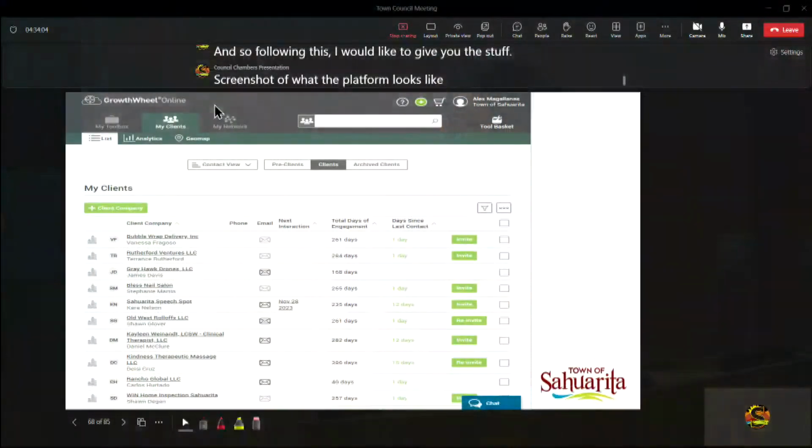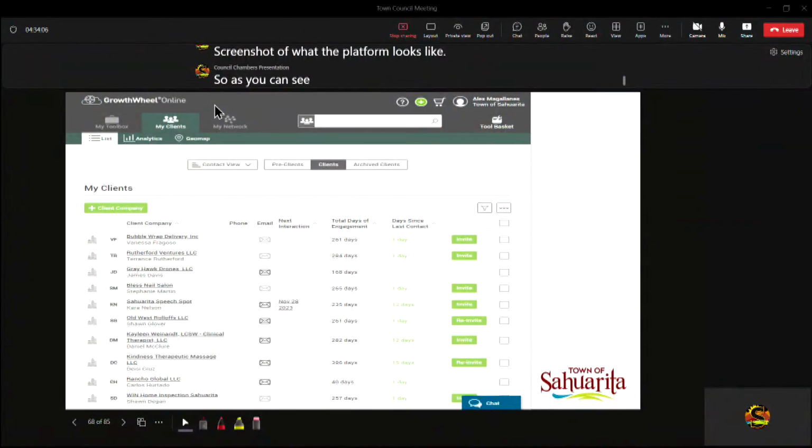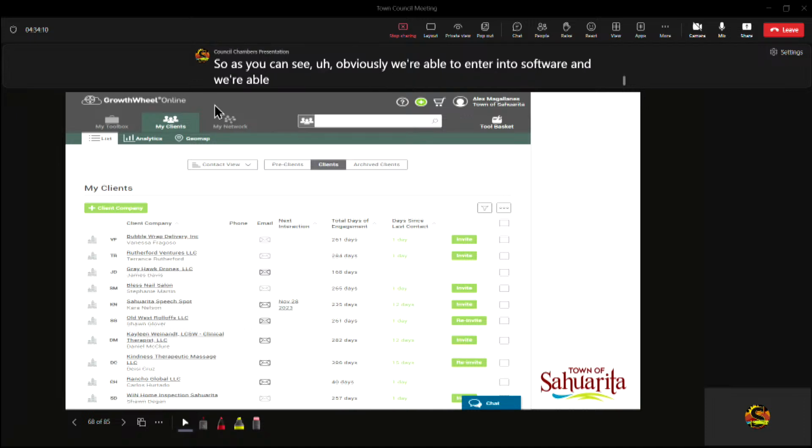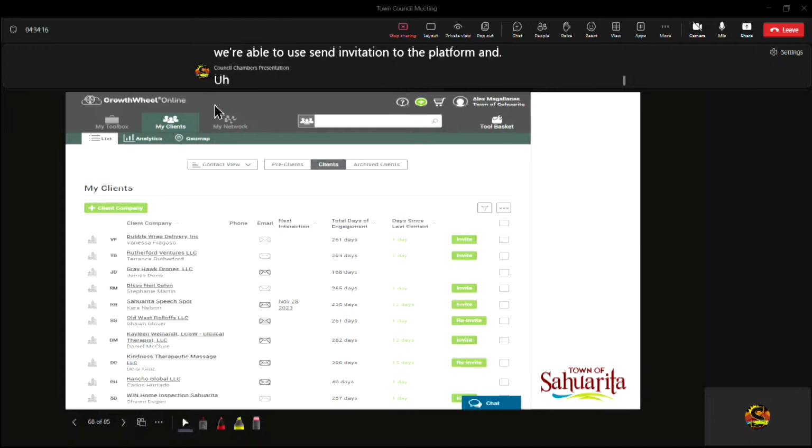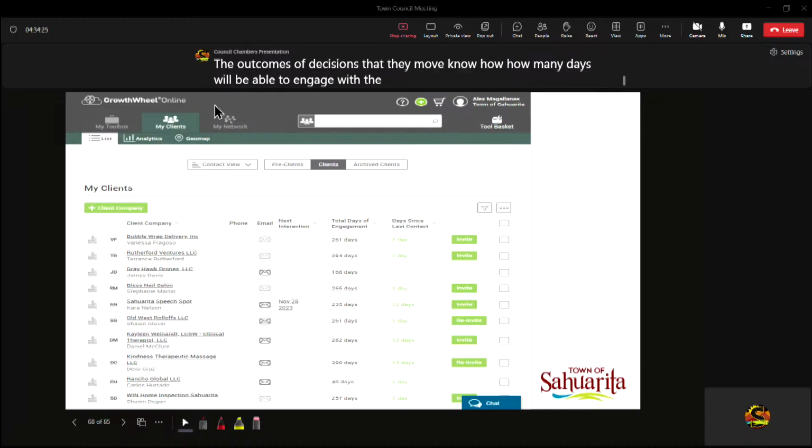So as you can see, obviously we're able to enter into the software, and we're able to send the invitation to the platform and track the outcomes, the decisions that they're making, know how many days they've been engaged with the program, when was the last day or the last time that we engaged with them.